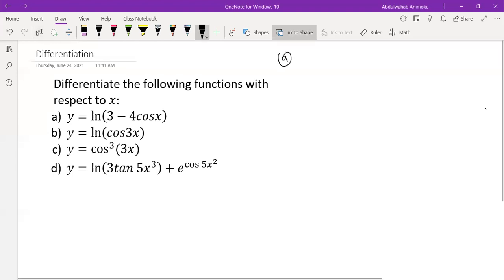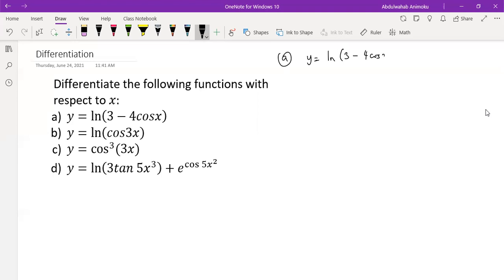So the first problem: we are to differentiate this function. What I always tell you guys on this channel is, once you want to differentiate a function, the best way to see how the things you have are related is to simplify the function by using other variables as substitution.